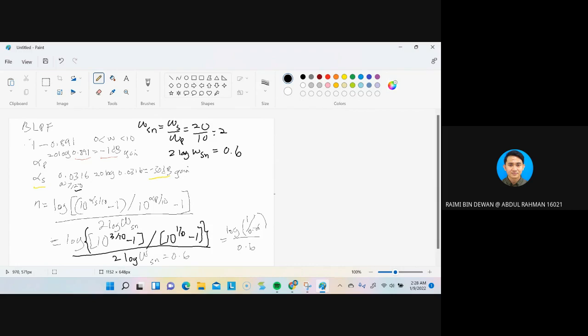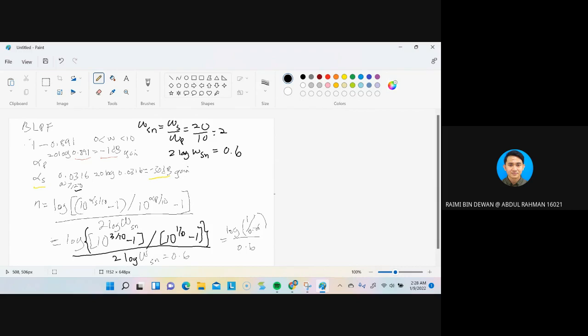Wait. Is there any way that I did it wrong? Wait, because it's wrong here. Omega S 20, omega P 10, 2, 2 log 2 is 0.6, correct? Am I doing this correctly? Wait.